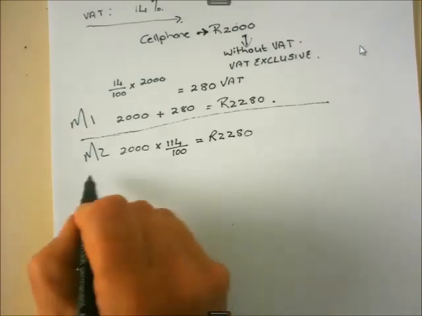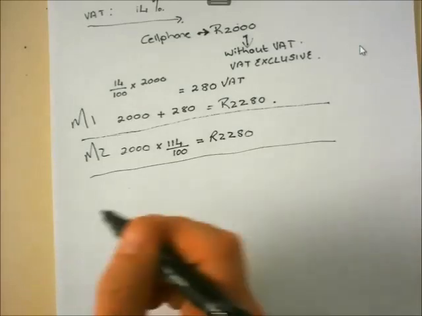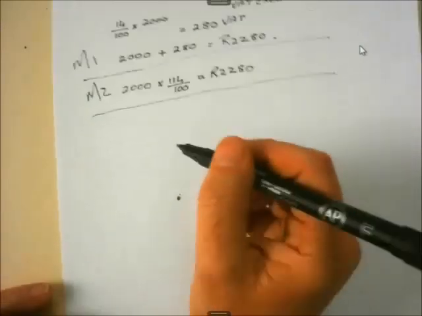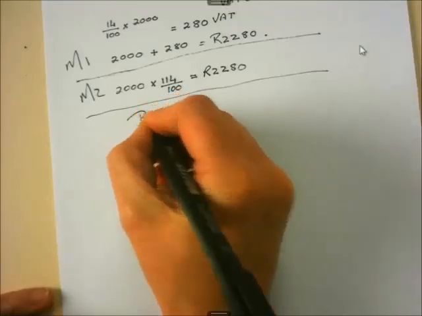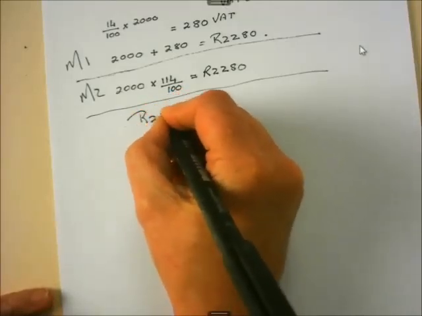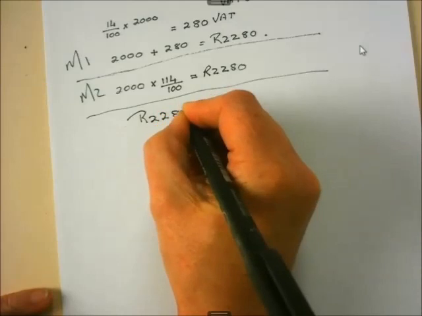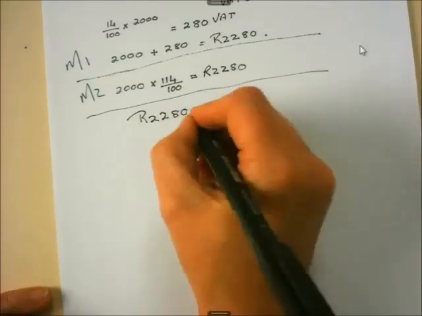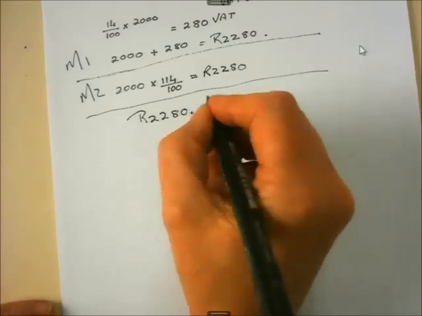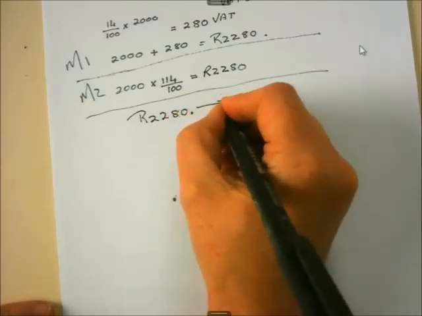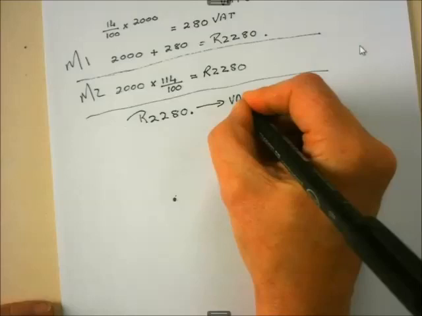Now, I'm going to work backward. Okay? Say for instance, I want a cell phone. Here is the cell phone. The price is 2,280 Rand. I want to know what part of this 2,280 Rand is VAT, because VAT is included.